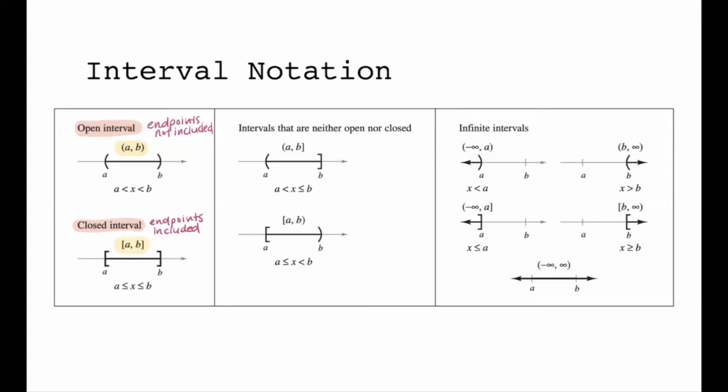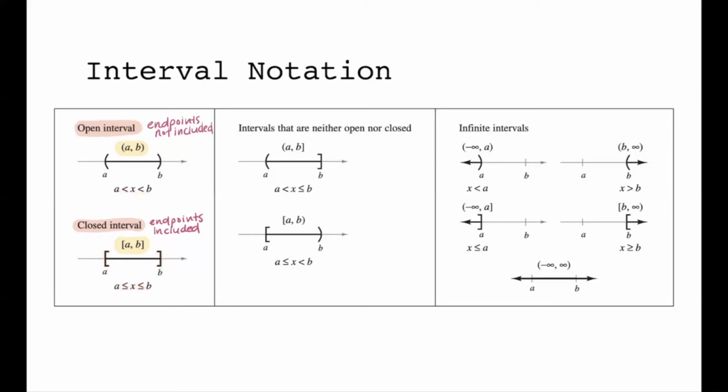We can draw this on the number line in the same way, except instead of the parentheses, we would close it off with a bracket. You might even see this with a closed filled in circle at each of the endpoints. In terms of inequalities, this would be the representation of that. So we'd say A is less than or equal to x, which is less than or equal to B. So just throwing in the equals at the endpoints here means that we close off the interval and include the endpoints.